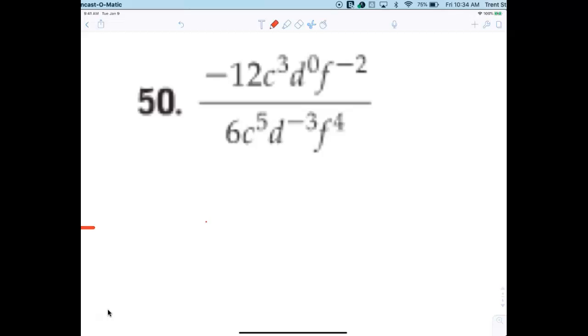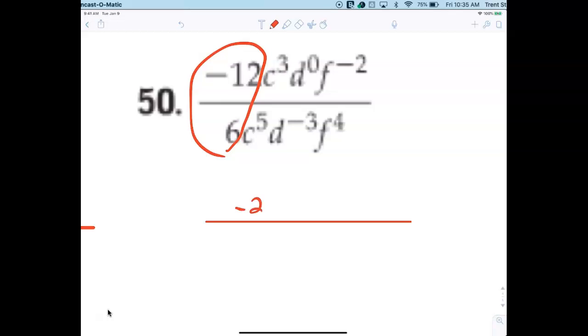Colvin, go. Tell me what this is. 2. What kind of 2? -2. I also like putting 1 down. All right, so now tell me about the C's. To what power? We're at the top of the bottom. Very good.